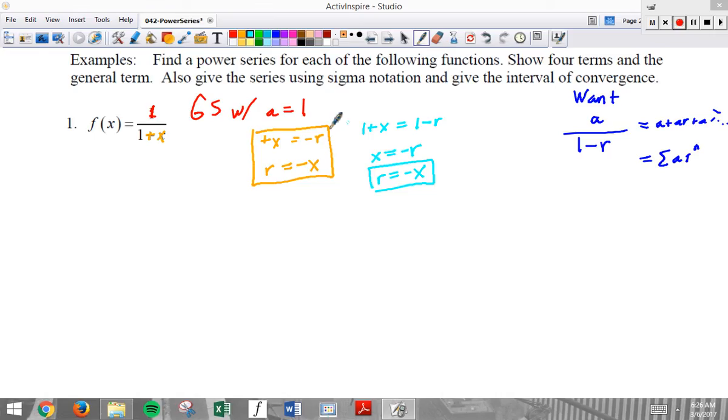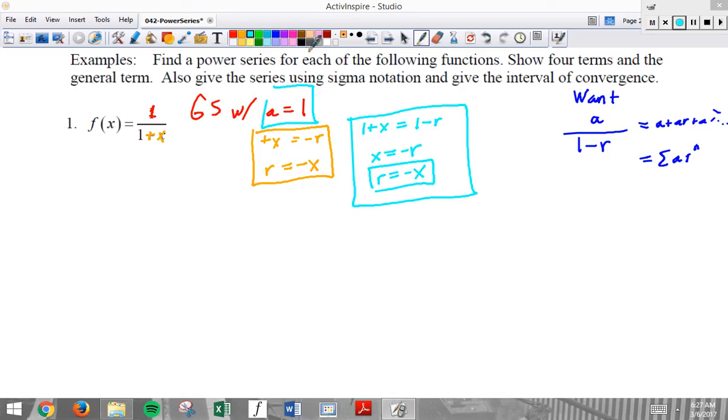So I'm going to use either one of these methods. This is more common. I would say this is the more appropriate method in more cases. You'll see why. So this is a geometric series with a equals 1 and r equals negative x.